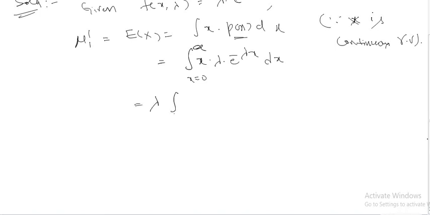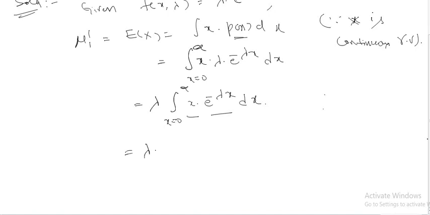Write it down outside. Integral from 0 to infinity of x into e power minus lambda x dx. Do the integration by the UV method.